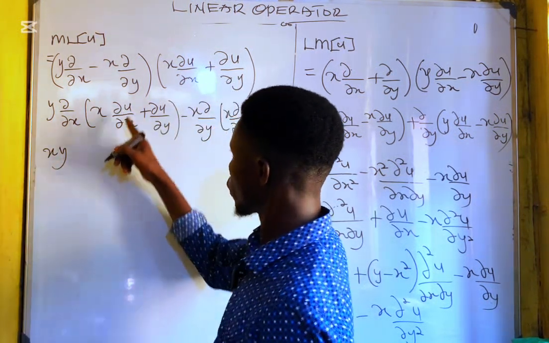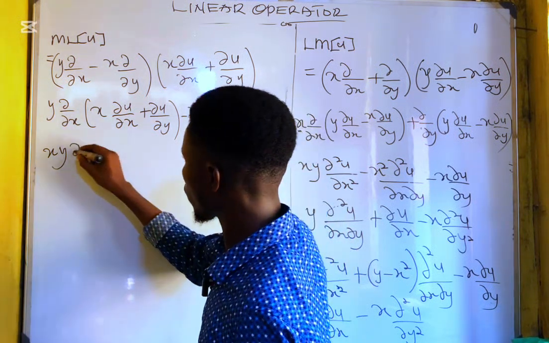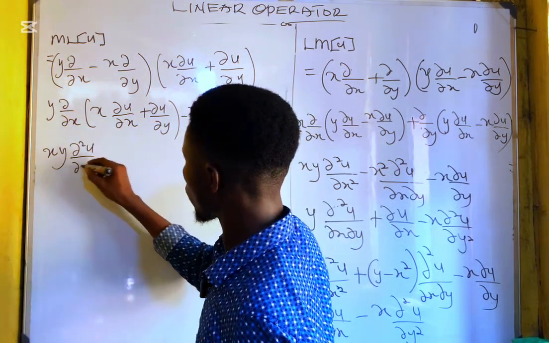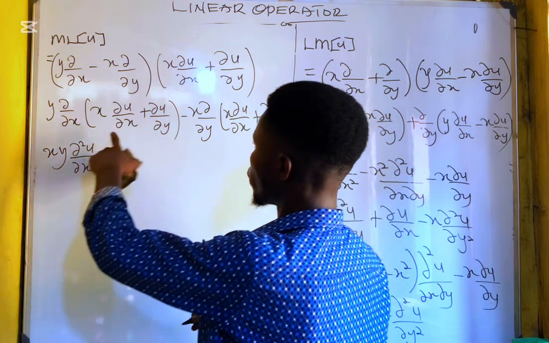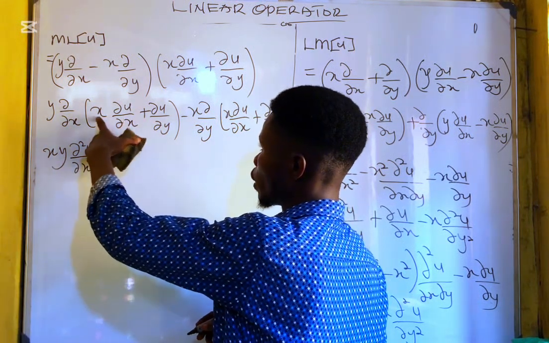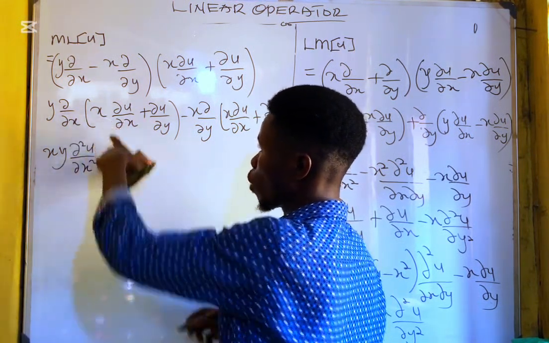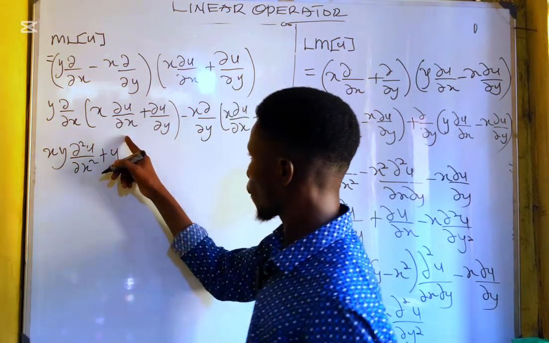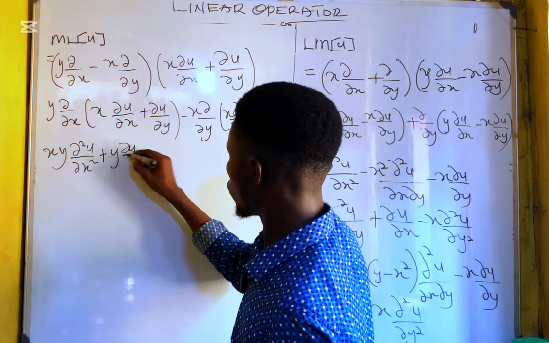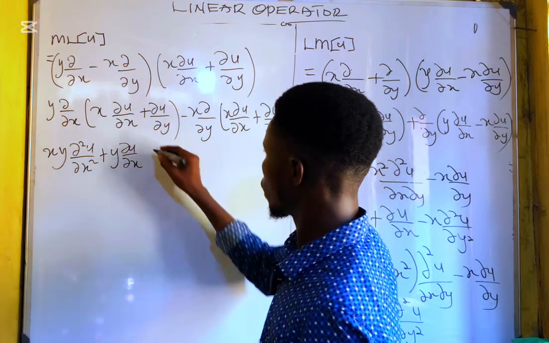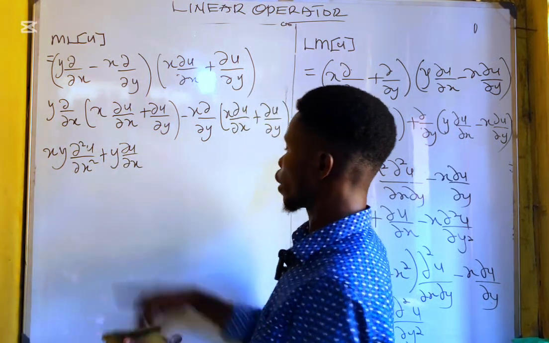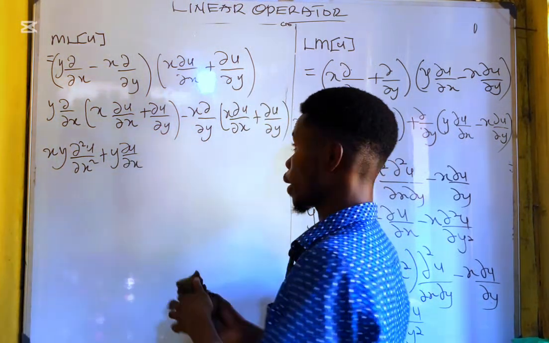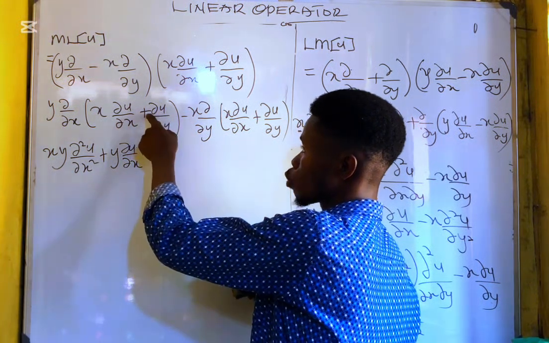Then I will differentiate this with respect to x. That will give me ∂²u/∂x². Then now I'm going to hold this and differentiate with respect to x. That will give me 1, leaving the y, so plus y ∂u/∂x. Now we move to the next one. Remember that the coefficient of ∂u/∂y is 1.